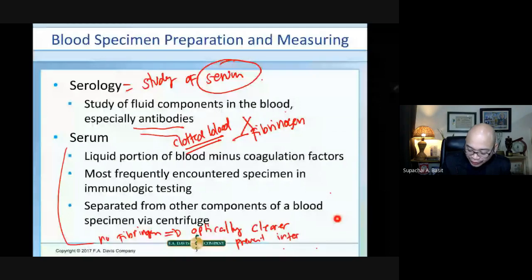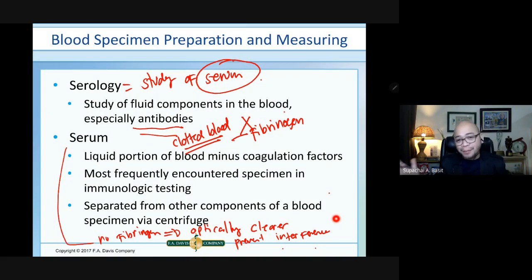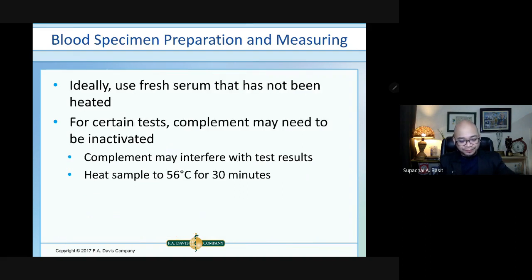I am not saying that we cannot use plasma, but serum is preferred. That is the reason why serum is the most frequently encountered specimen in immunologic testing. We prepare serum by separating it from other blood components via centrifugation. So that's how we prepare serum.